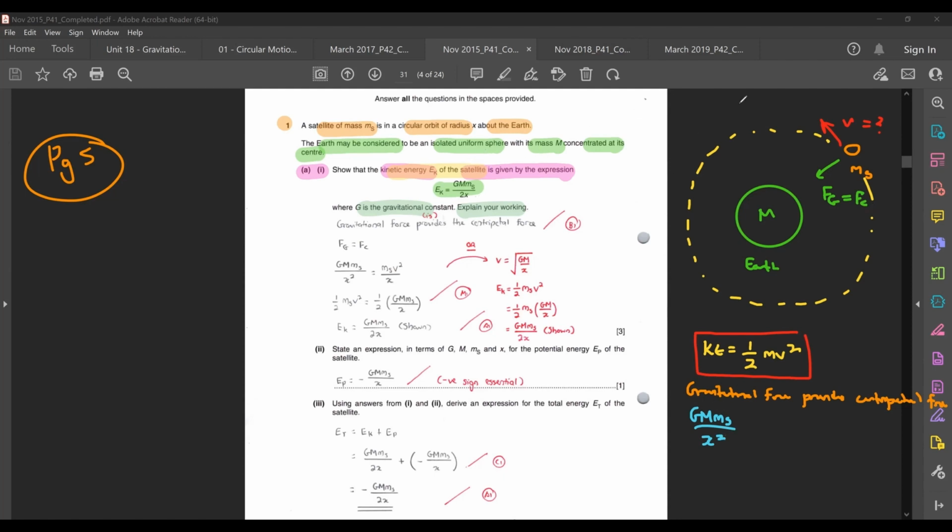I'm trying to follow the variables given inside my question. This one here is actually x instead of r. Okay, so GMms over x squared equals to msv squared over x.